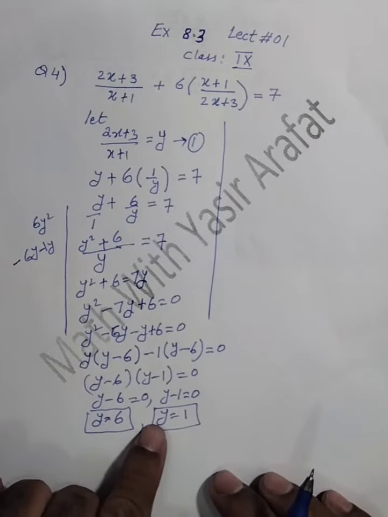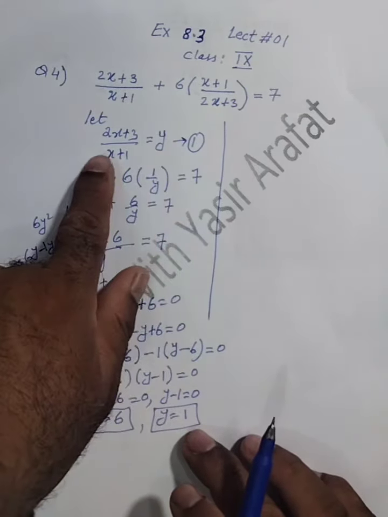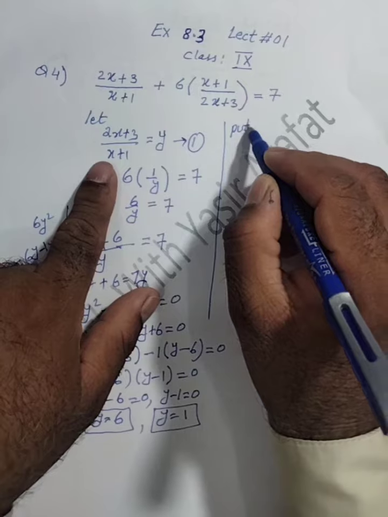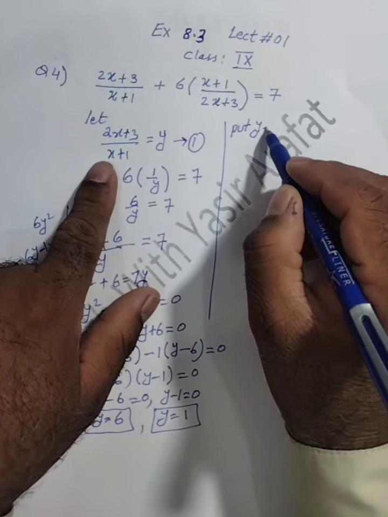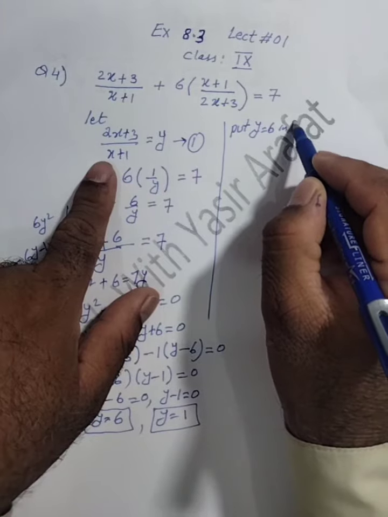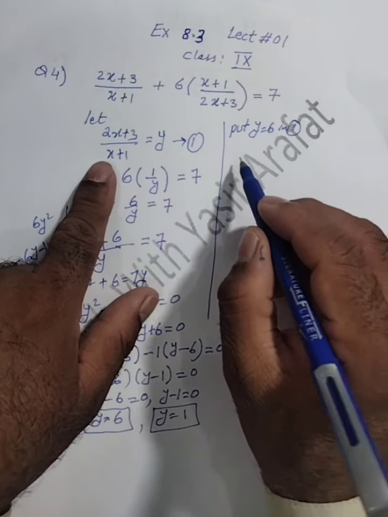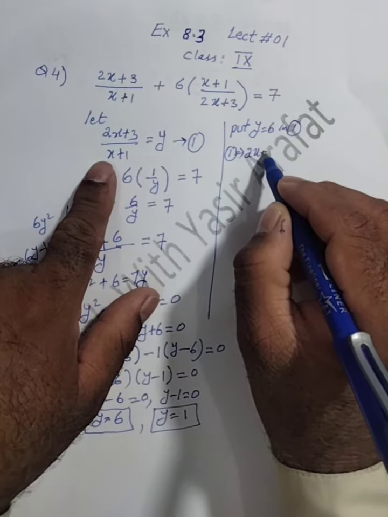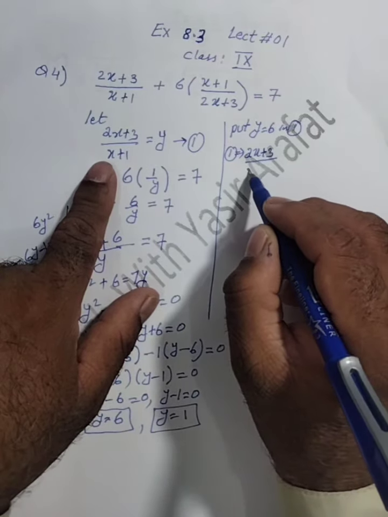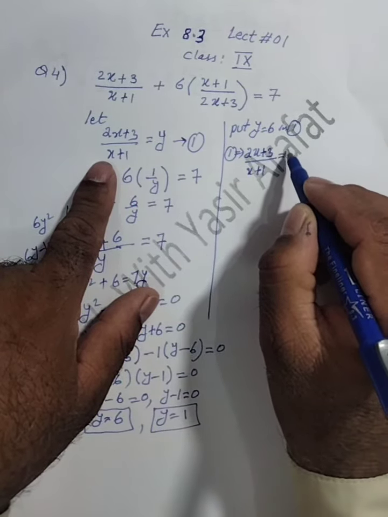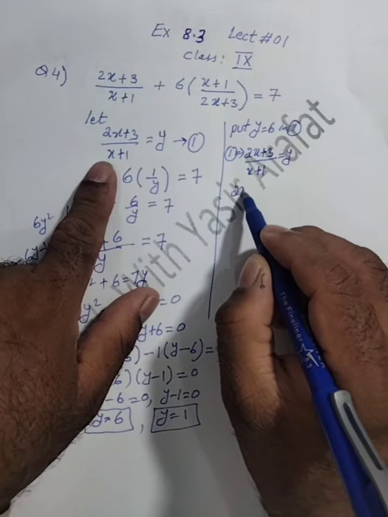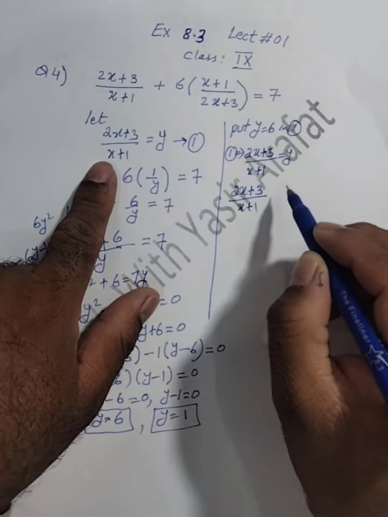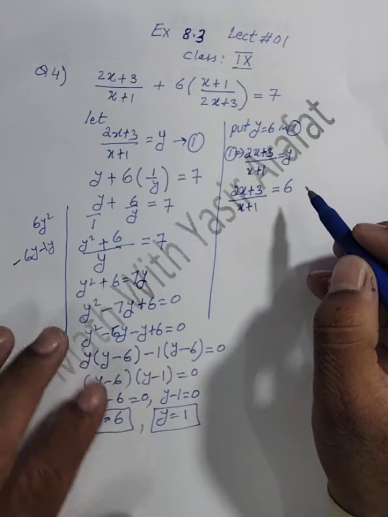So one by one, these values we have to put in equation number 1 to find out the value of x. So here, put y equals 6 in equation number 1. Equation number 1 is (2x plus 3) divided by (x plus 1) equals y, so (2x plus 3) over (x plus 1) equals 6.